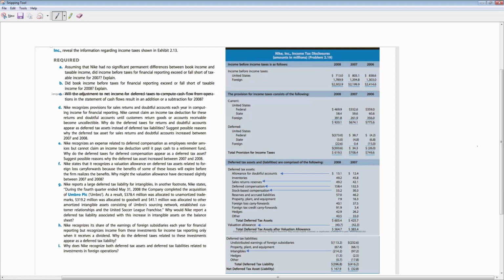I think the United States corporate income tax is the highest in the world. So that's why Nike paid less tax, even though the income before tax is greater. So this is the current tax, which also means tax owed, as we discussed in problem 18.